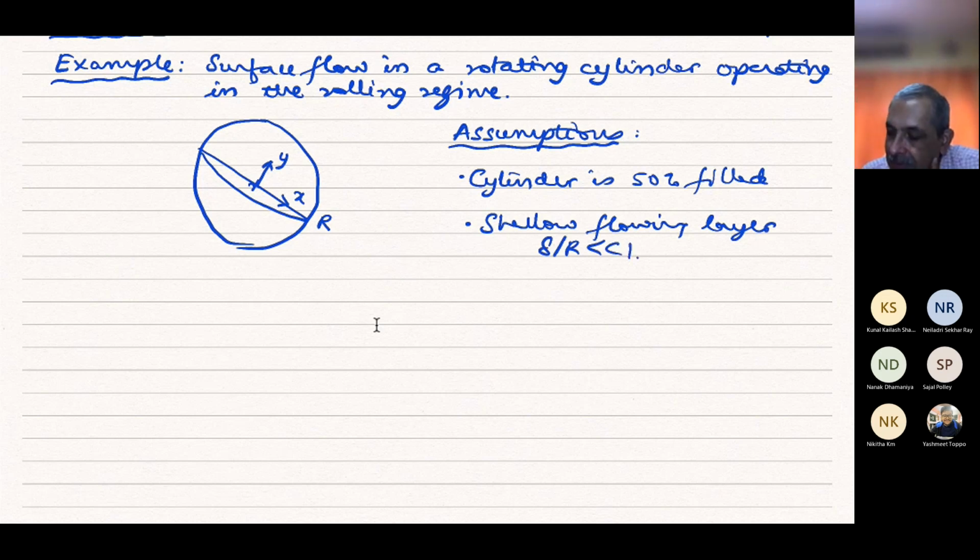So those are the two major assumptions. And of course, here we have a flowing layer. It's very tiny, but let's say this distance is delta. And here you have a flowing layer, so there's a shear flow in that layer.